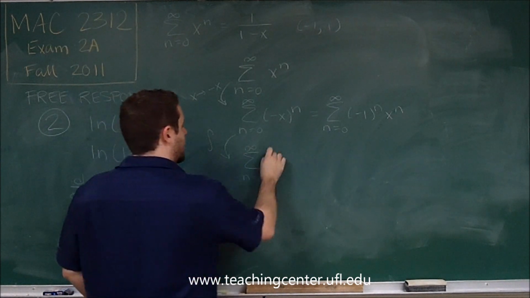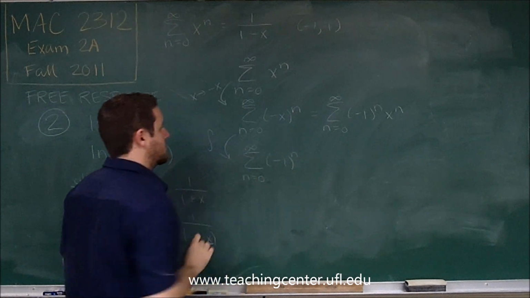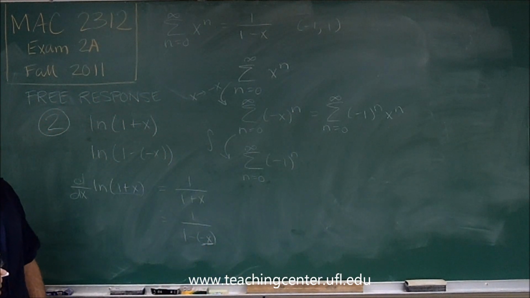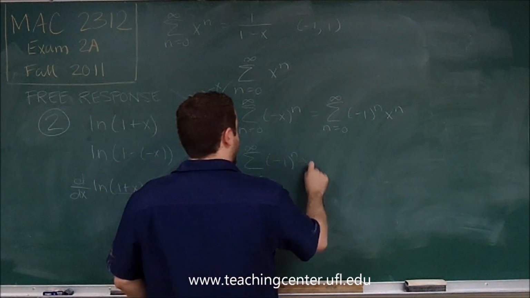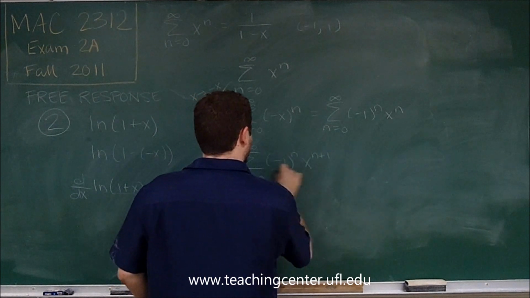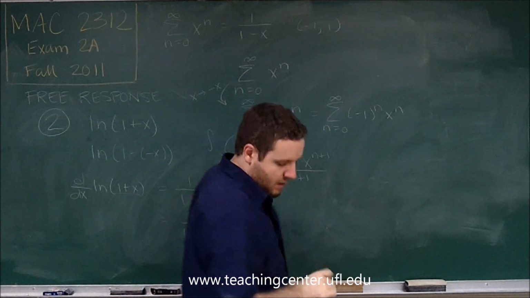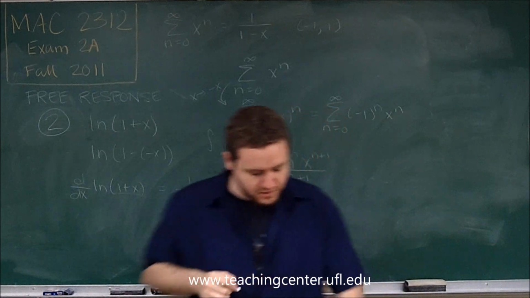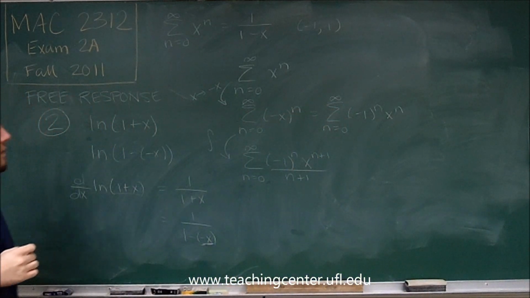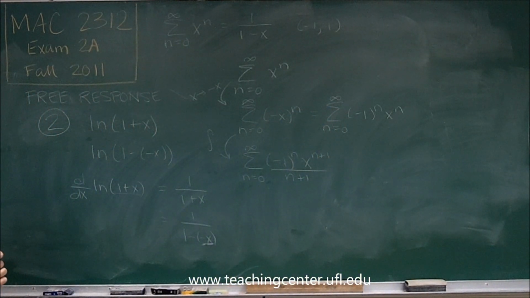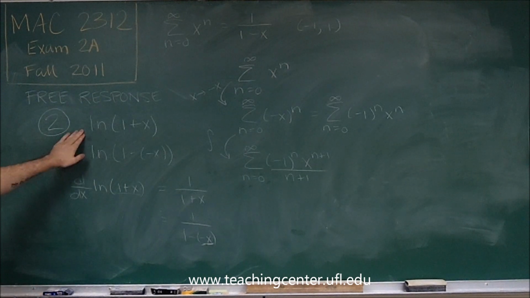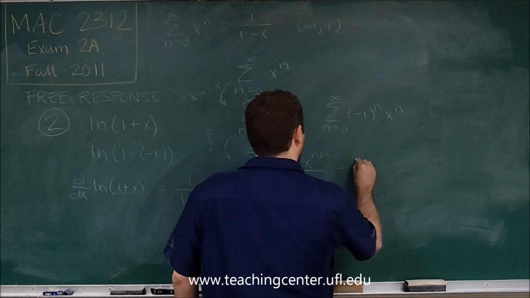The sum from n equals 0 to infinity. We still have it as alternating. And now instead of x, we have x to the n plus 1 over n plus 1. So now this is our series. This is equal to ln of 1 plus x. Let me write that there.